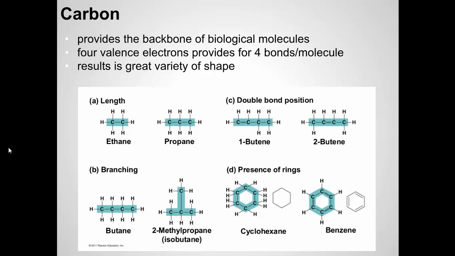Sometimes the carbon skeleton of the molecule is just linked in a straight line. Other times it branches. Sometimes it forms this ring shape. Sometimes it's a hexagon, sometimes it's a pentagon. It depends on how many different carbon atoms are in the ring. So there's a variety of shapes and configurations for carbon-based molecules.